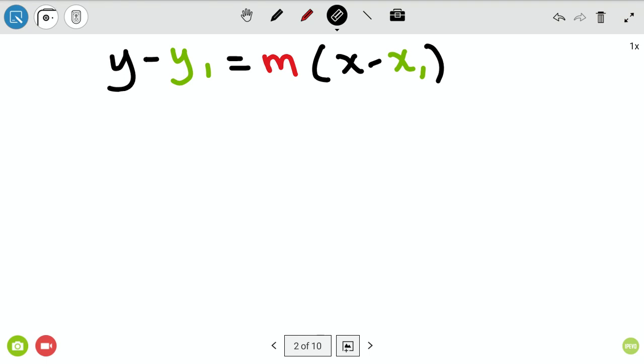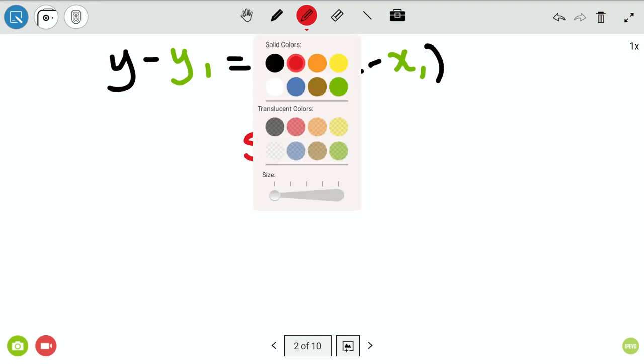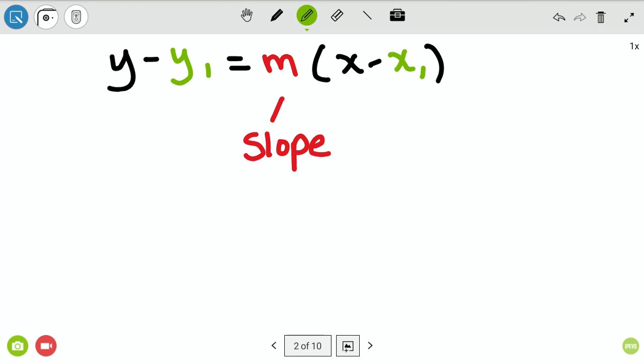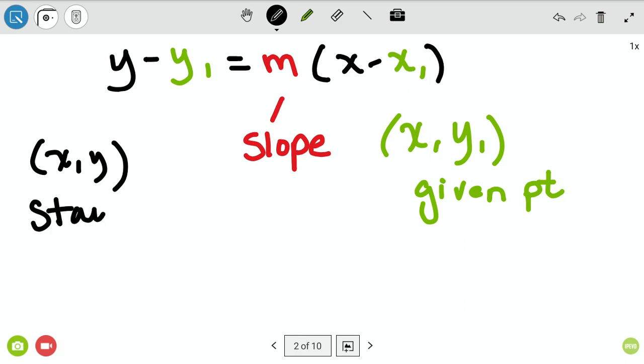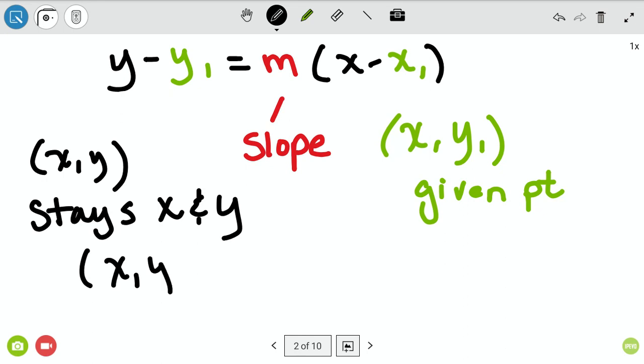So just as kind of a recap, right, our m is our slope, okay, and our x1, y1, the green x1, y1, that is a given point, okay, a given point. And then, like I said, the black x and y just stays generic, okay, it stays x and y, and it stands for every x and y coordinate along the whole line, okay?